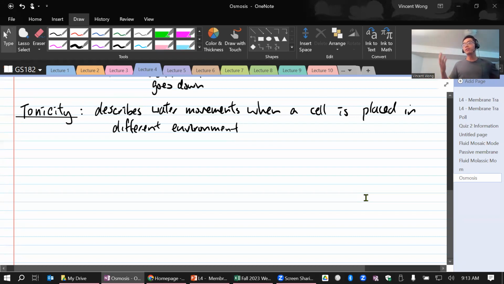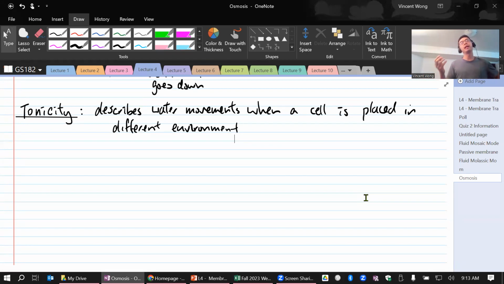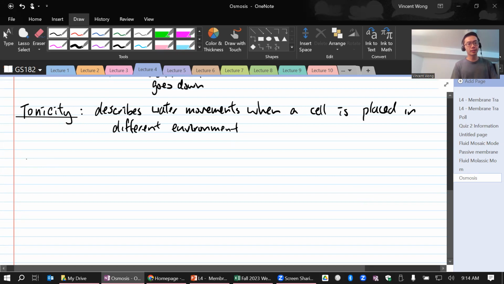I'm going to show you 3 different environments, and in each case, we will look at how the concentrations are different outside and inside of the cell. We will look at the direction of water movement, and we will look at the end result of the cell. Start with the first scenario. This is called isotonic.